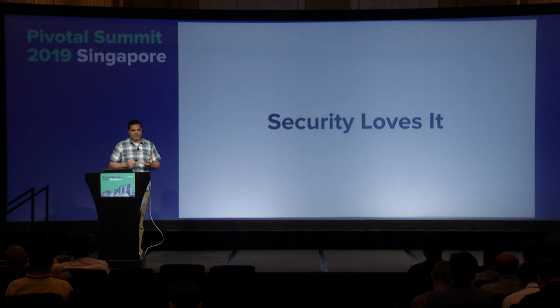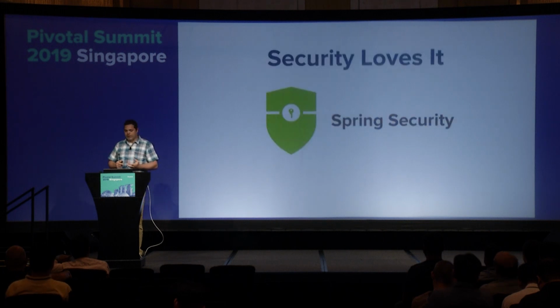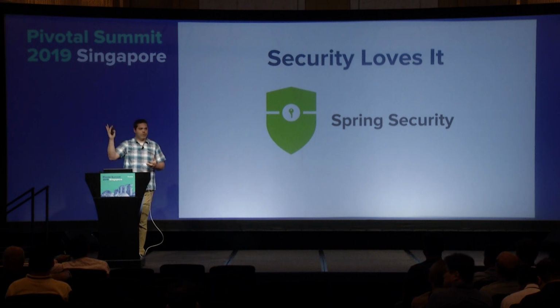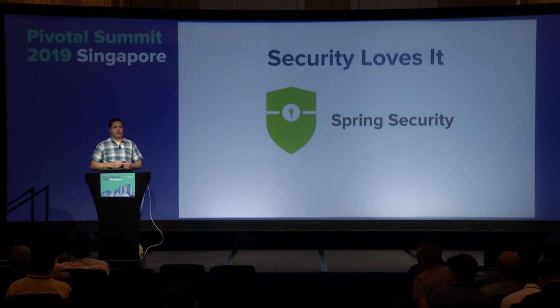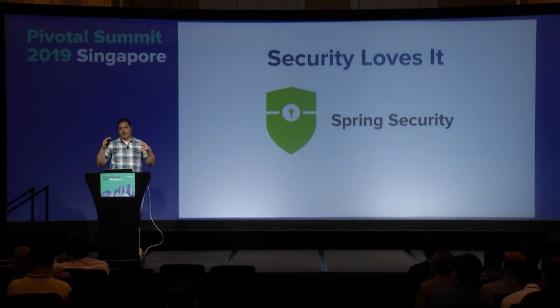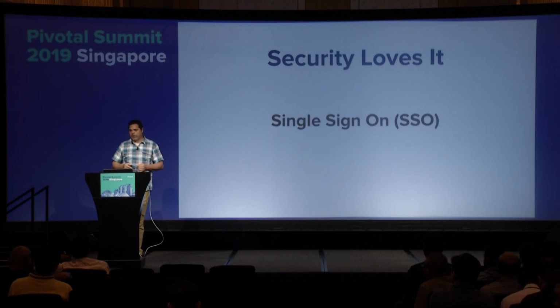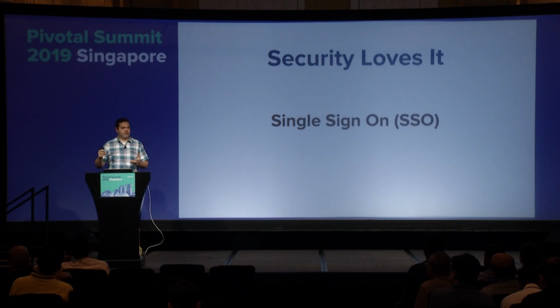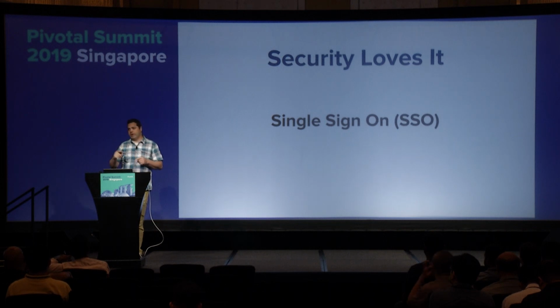So security loves Gateway as well. So any Spring Security users out there, it's pretty powerful stuff. So Gateway plugs into Spring Security and allows for setting up security at the edge of your systems. On Pivotal Application Service, on the Pivotal platform, there's a single sign-on service built with Gateway that's available right now that provides single sign-on between your services kind of in an automated way.